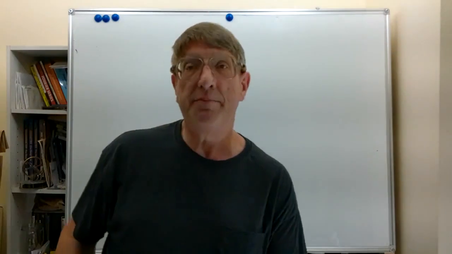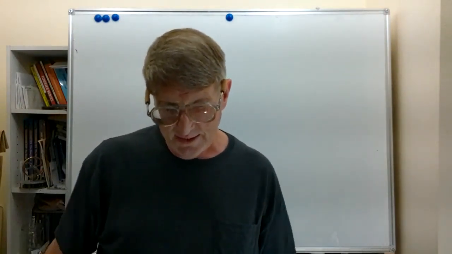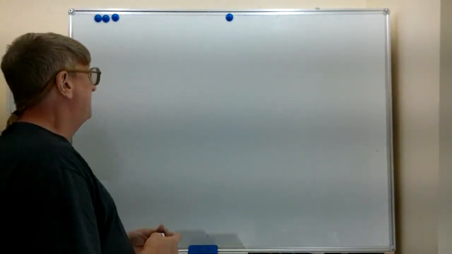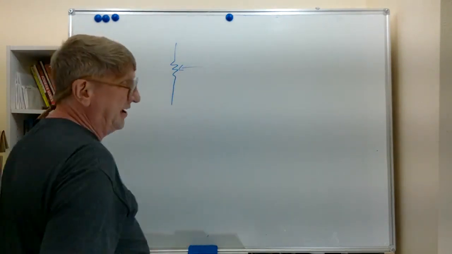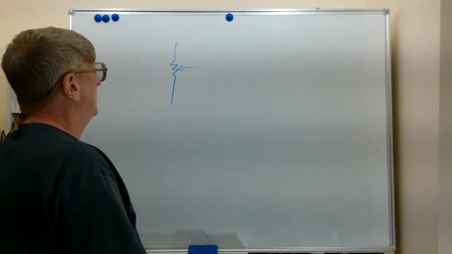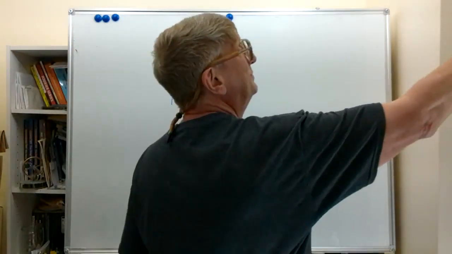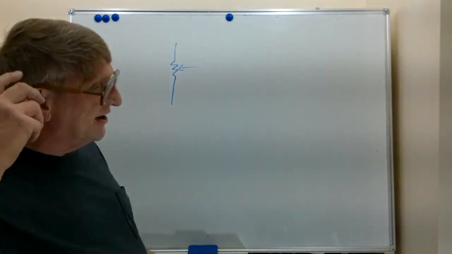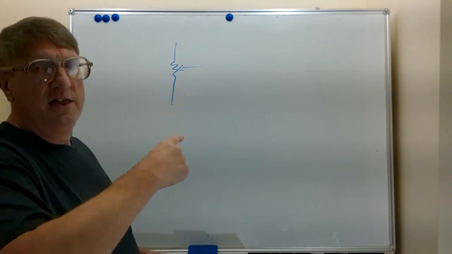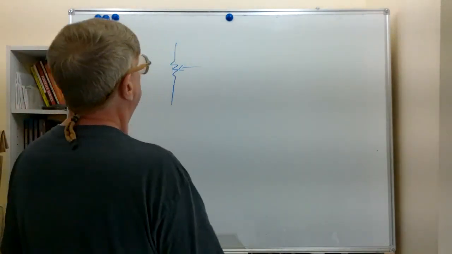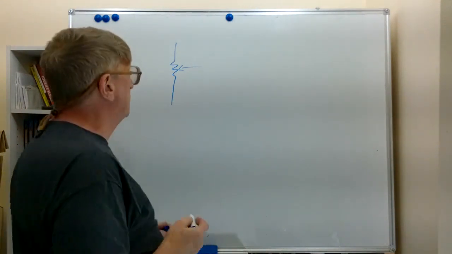Now we're going to talk a little bit about what can go wrong with resistors. Well, if you have a variable resistor for, say, a volume control or tone control, and you have scratchiness when you operate it, and you hear a scratchy sound in the speaker, or if you're adjusting the bias on some circuit and you see the voltmeter jumping around, your potentiometer is probably getting worn out.